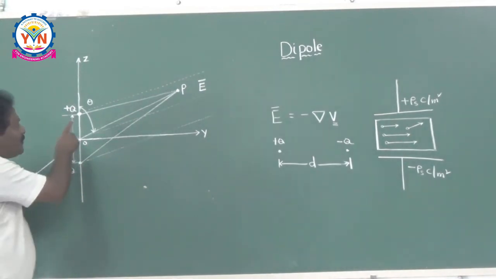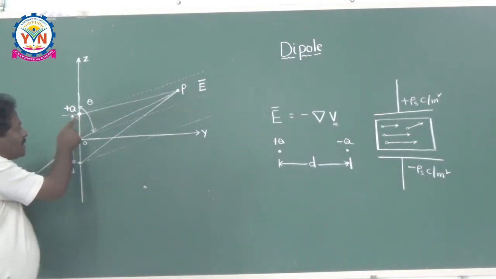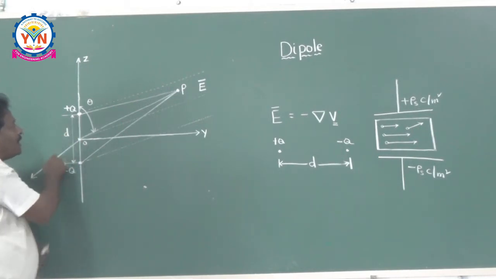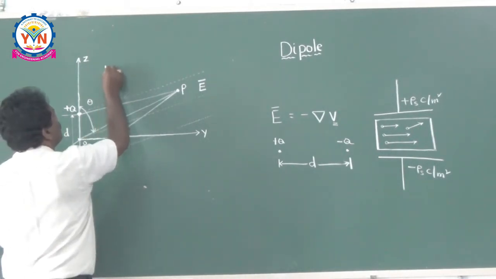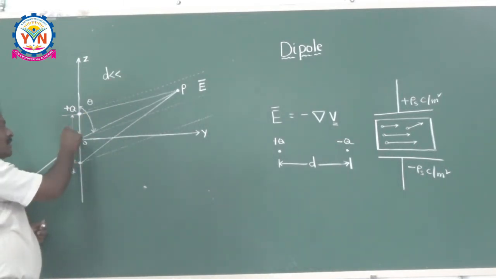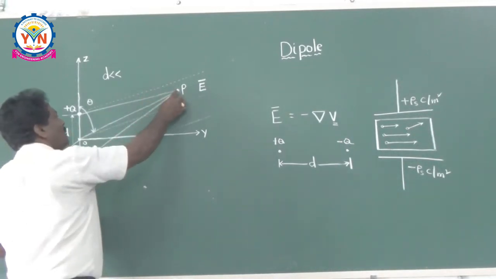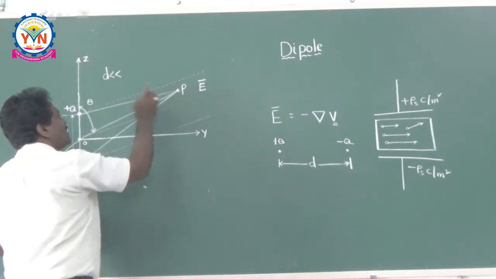And as far as the definition of the dipole is concerned, remember friends, the distance d between these two charges is very, very small compared to the distance between the dipole and the point P. The point P is nothing but the observation point.